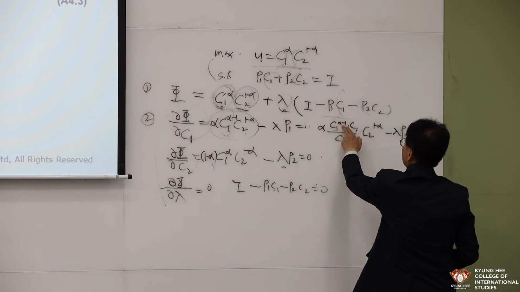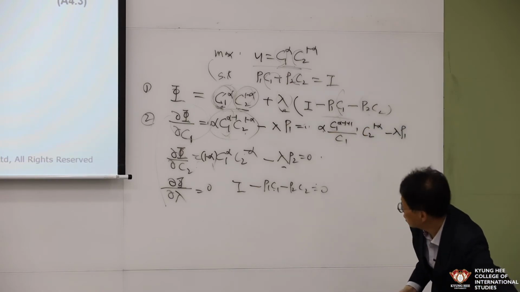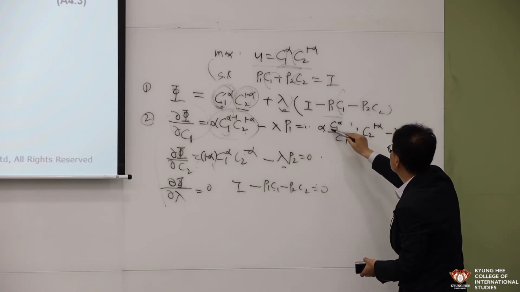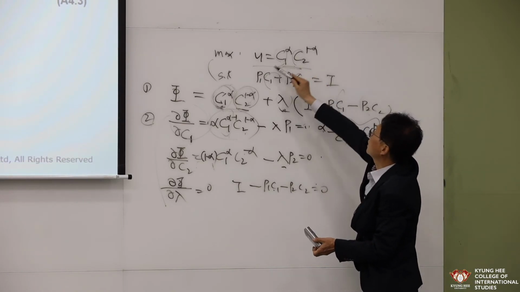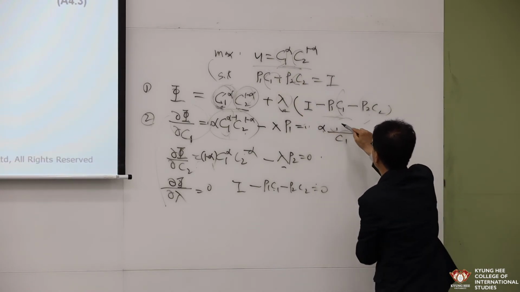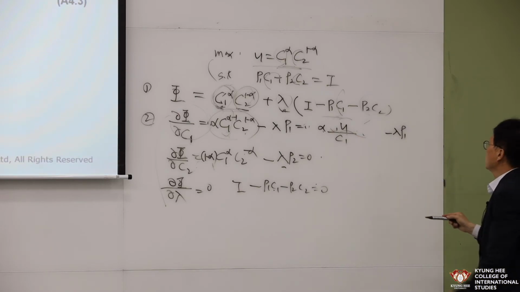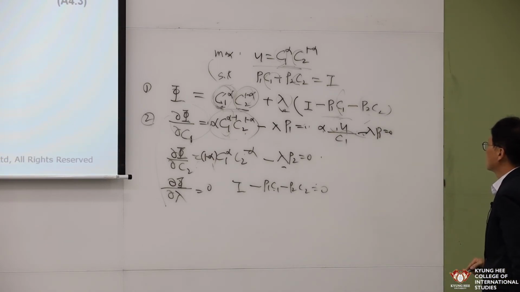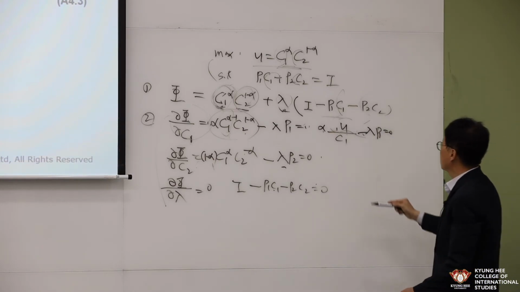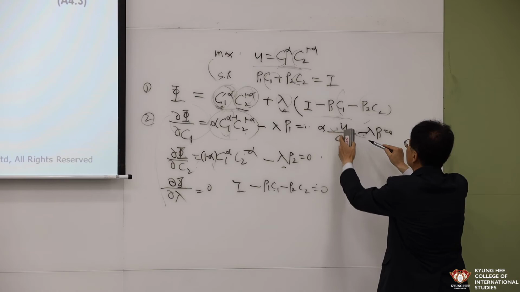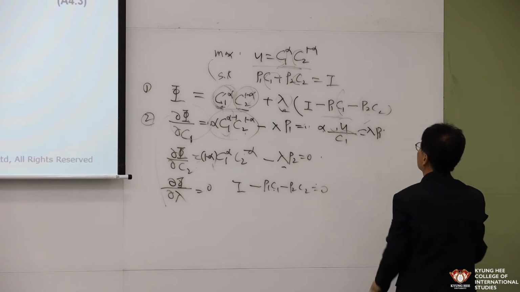So C1 alpha minus 1 multiplied by C1 means plus 1, so C1 alpha is left. And we know C1 alpha, C2 1 minus alpha is U, total utility. So this one is like this, minus lambda P1 is equal to 0. Can you understand? So from here, alpha U over C1 should be equal to lambda P1.